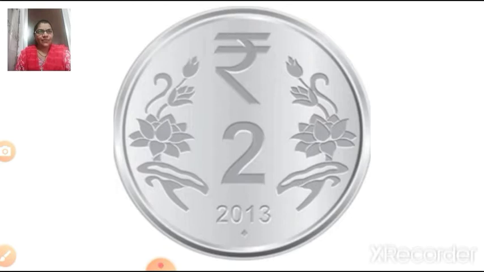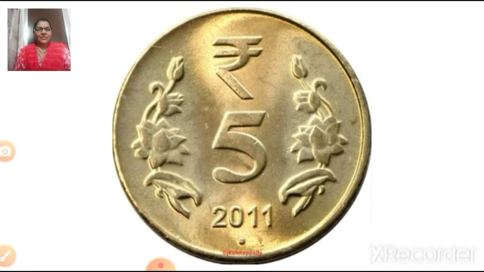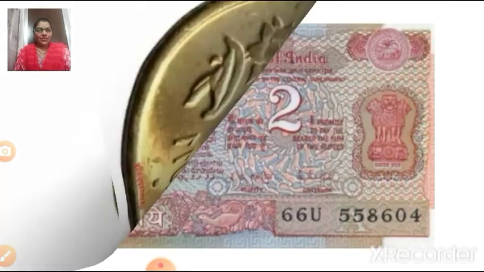It's a coin of rupees 2. This is a 2 rupees coin. Now look here. This is a 5 rupees coin. Am I correct, children? Have you seen coins? Yes, all are aware.